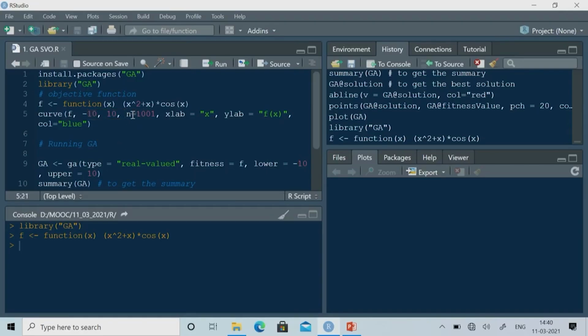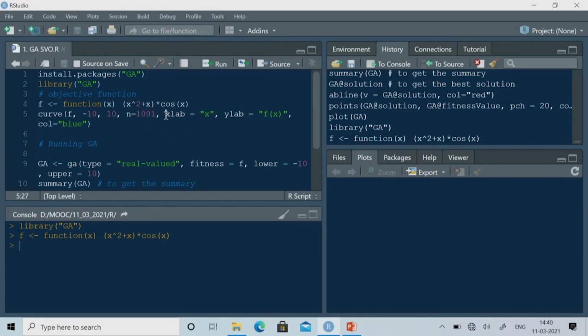You can define it, otherwise the default value will be taken. In this case I am putting 1001. You can put some other value. If you put a large value, then your curve will be smooth, otherwise it may not be smooth.